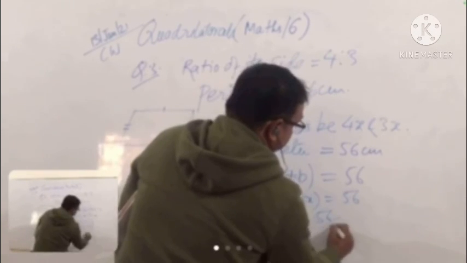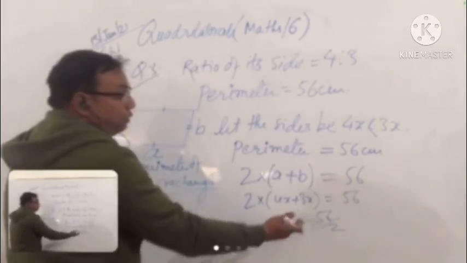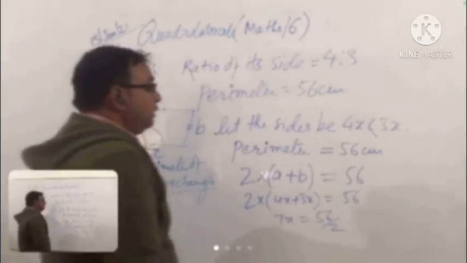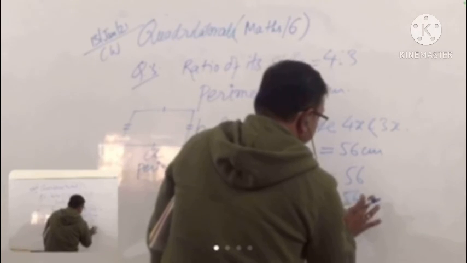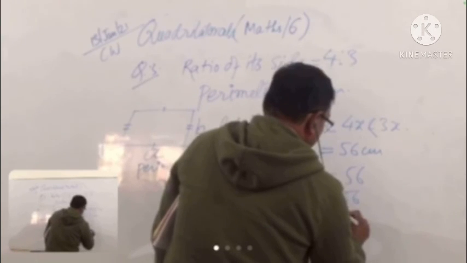So it will be 7x is equal to 56 upon 2. You can transfer the 2 to the right side. 2 is in multiplication, so when we change it to the right side, it will become divide.